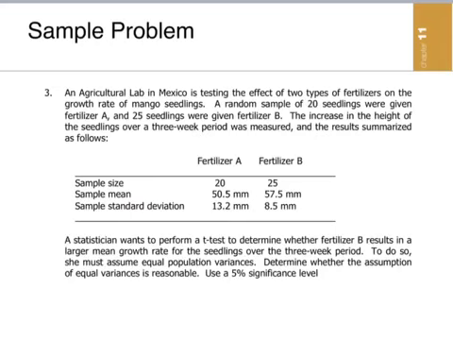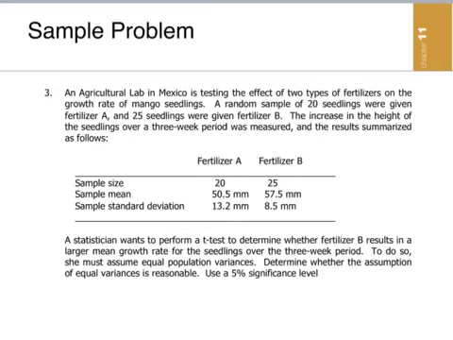Here is another sample problem. This one is taken from our problem set that we use in class. An agricultural lab in Mexico is testing the effect of two types of fertilizers on the growth rate of mango seedlings. A random sample of 20 seedlings were given fertilizer A and 25 seedlings were given fertilizer B. The increase in the height of the seedlings over a 3-week period was measured and the results summarized below.